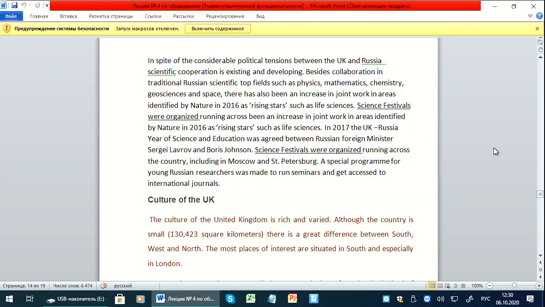And certainly you can find a lot of materials devoted to them. I stopped on the great names belonging to the UK very, very briefly, but you can find a lot of material devoted to them.